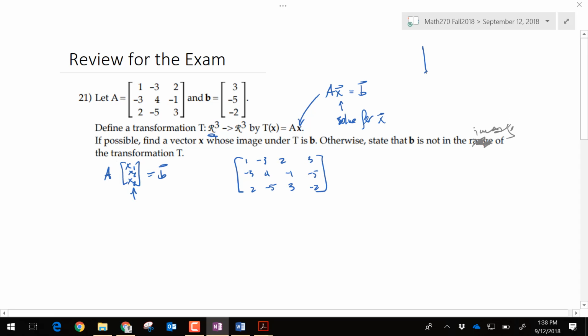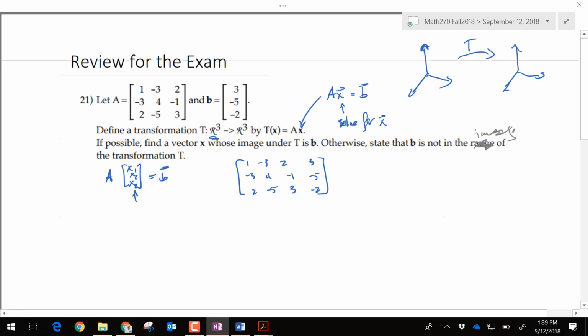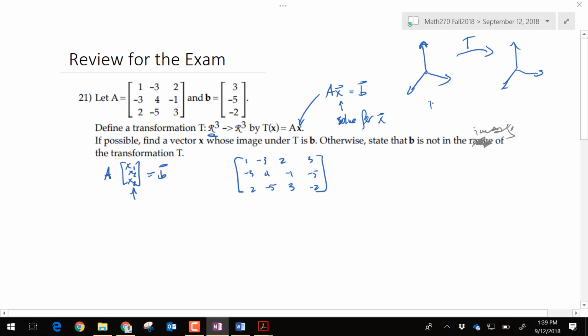This is another way to think about this. This is your transformation from R3 to R3 that takes any vector in this first R3, the domain, into this second R3, which is the range.